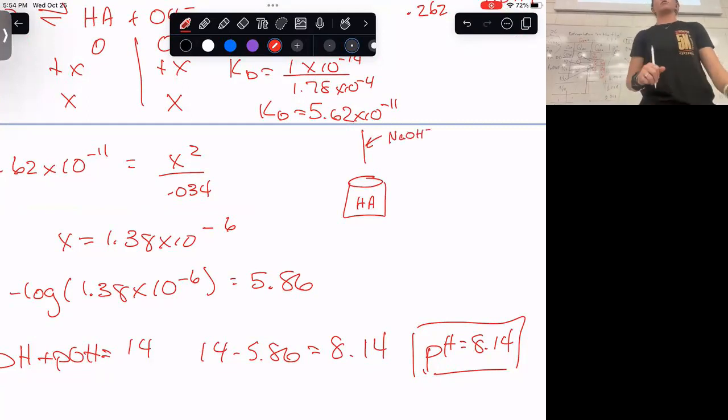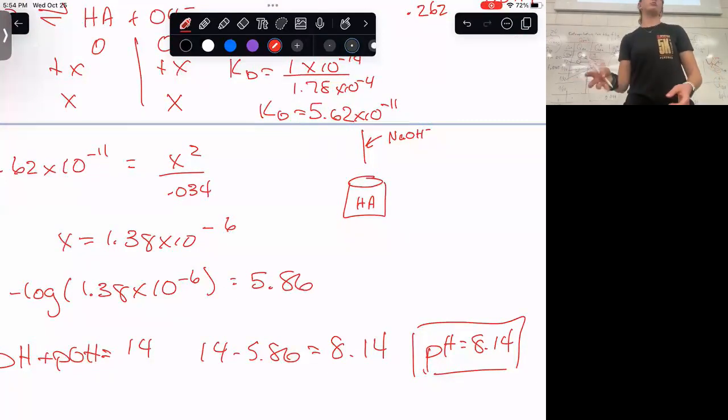We know that sodium hydroxide will completely dissociate, so in that burette you have Na plus and OH minus. Sodium does not affect our pH, it's just a spectator ion, so you can just assume that only OH minus is being added into your solution.